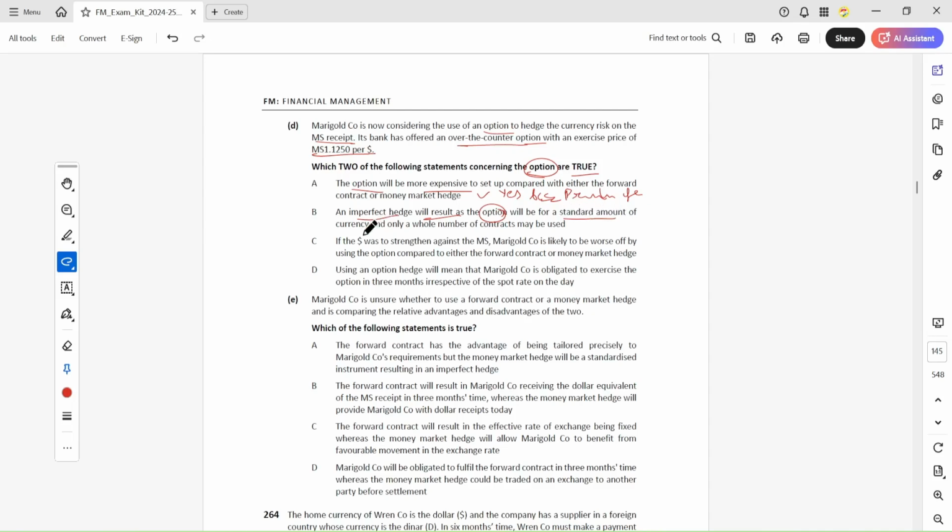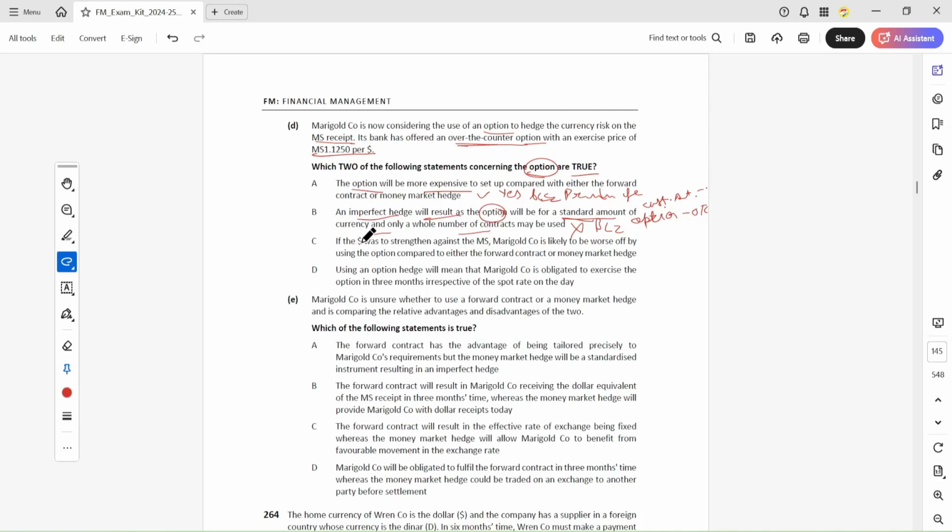No, this is not correct, because our option is over the counter. So in over the counter we have customized amount and time. Okay, so this is not correct.